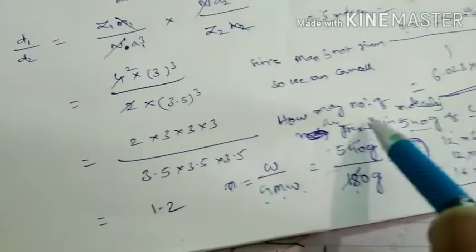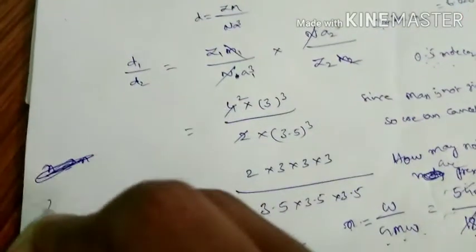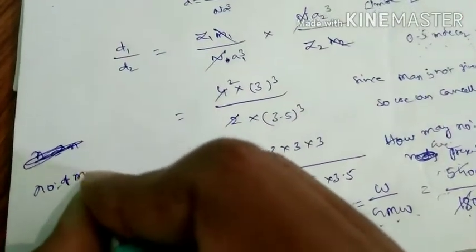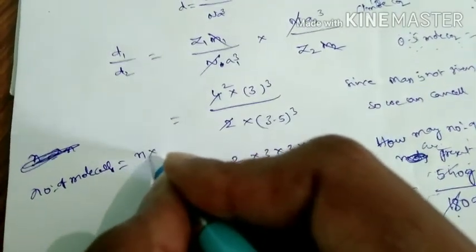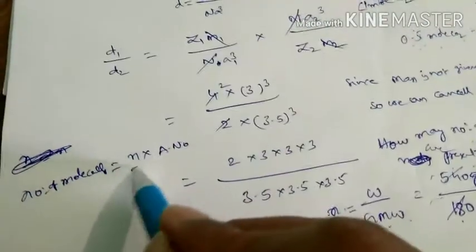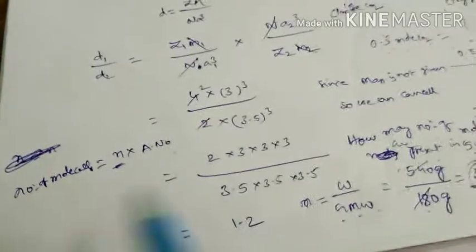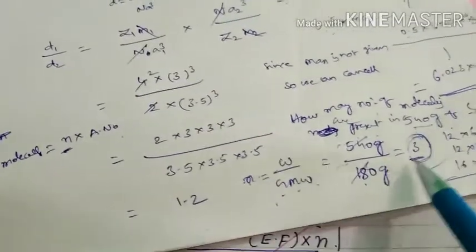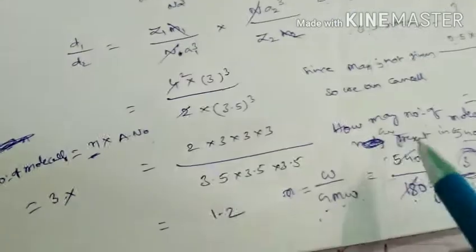The question asks for the number of molecules, so number of molecules equals number of moles into Avogadro number. That means again we have to use the first formula for moles. The number of moles is 3, so 3 into Avogadro number.